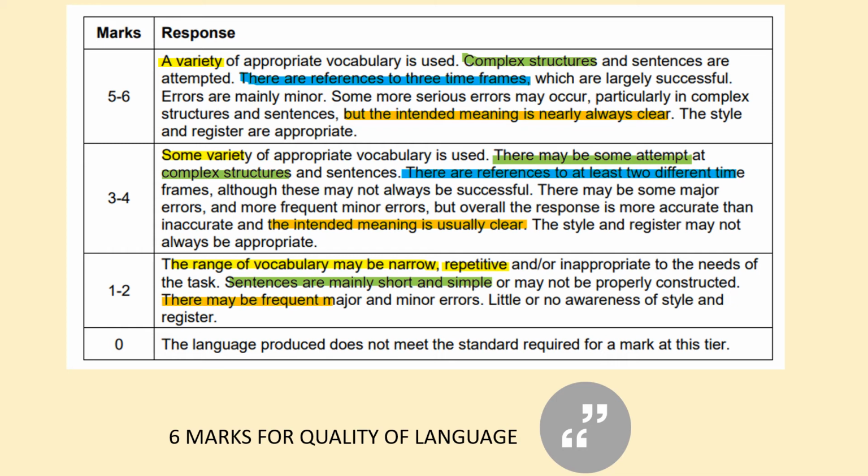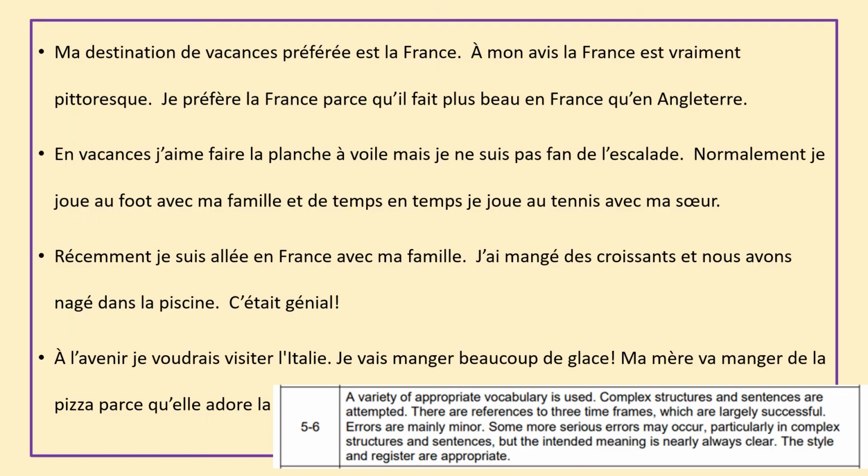Again, that goes back to the same point that we've just talked about. If you plan what you're going to write and you choose language that you know is accurate, then your meaning will always be clear. If you are not sure, then don't write that sentence. Choose another one.